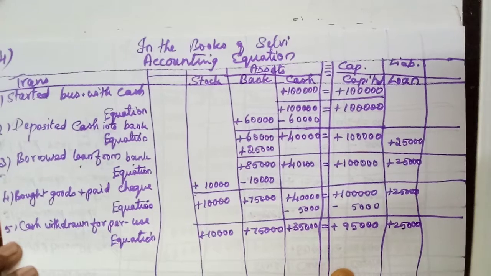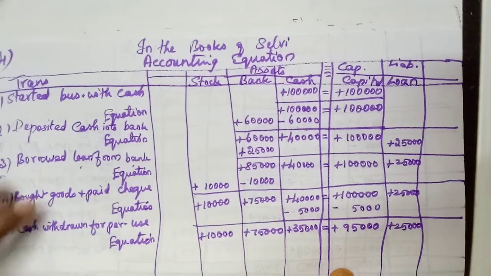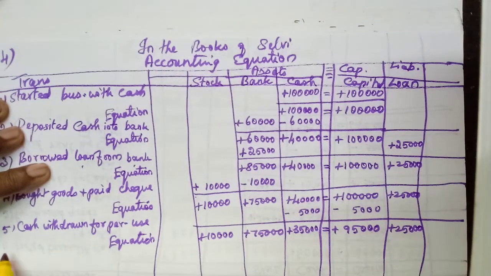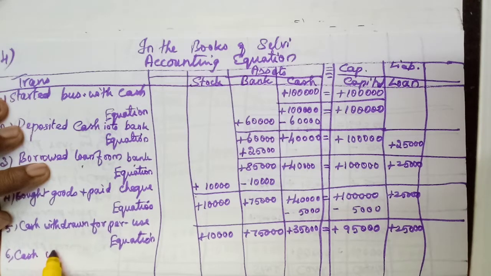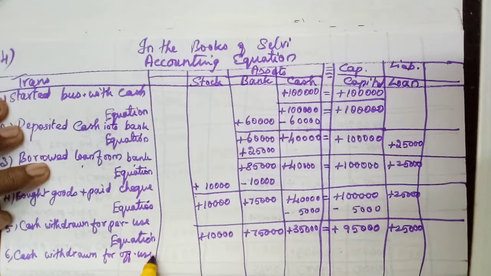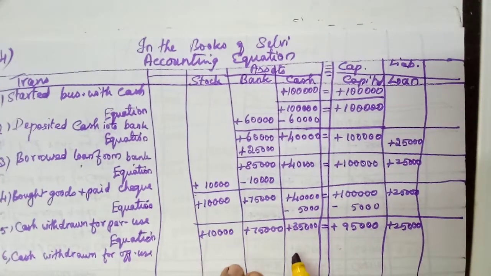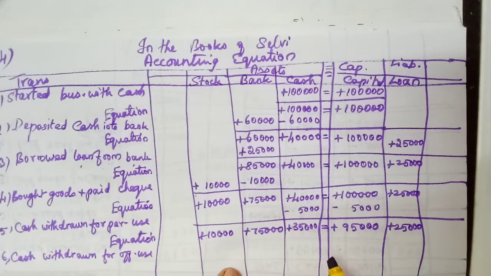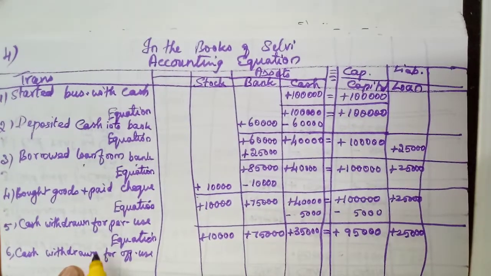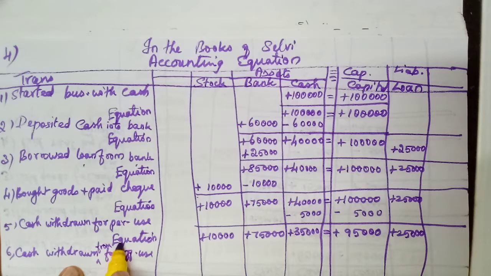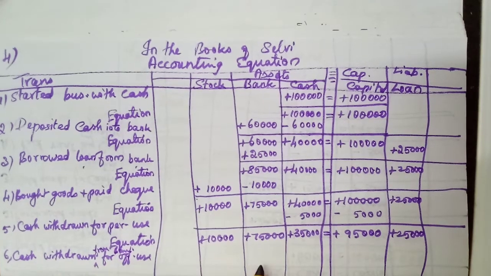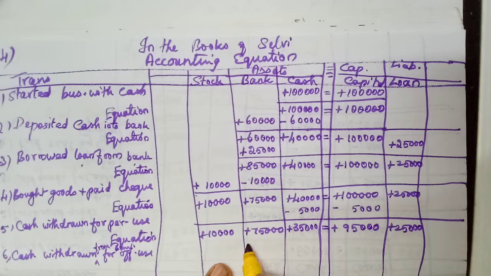Okay, now the last one, cash withdrawn from bank for office use. Cash withdrawn from bank, you should understand that one, from bank, so it will reduce the bank balance, isn't it?